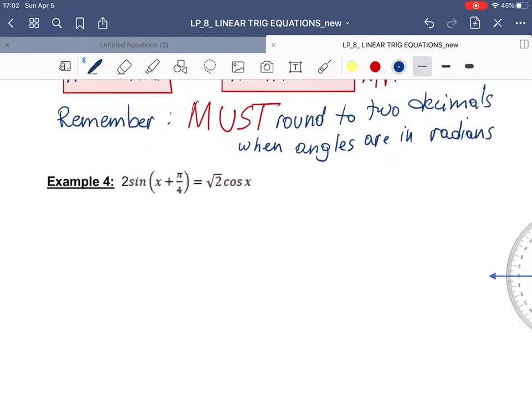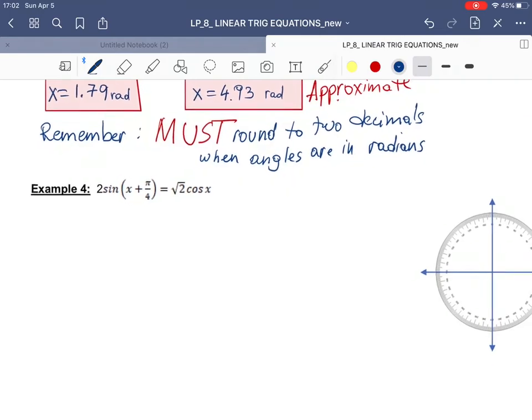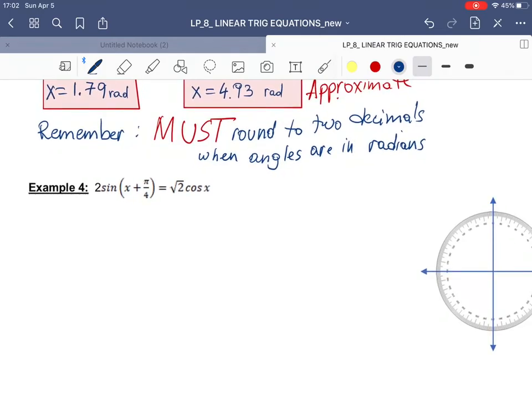Okay, so the next example brings a new story in. So we have 2 sine of x plus pi over 4 equals root 2 cosine of x. There are 2 things that I want to bring to your attention here. Number 1, now we have a variable represented by a sine and a cosine.